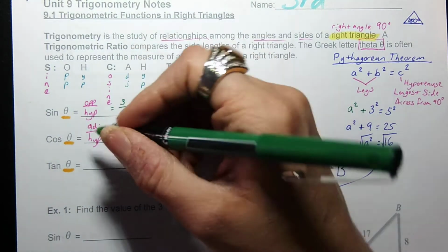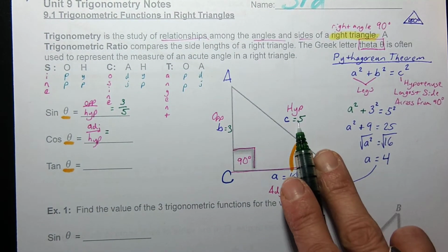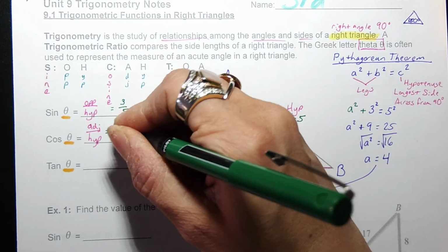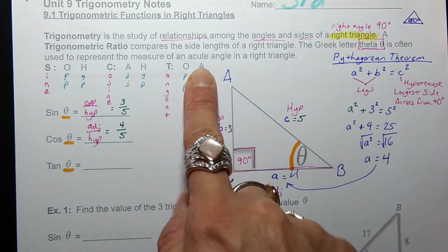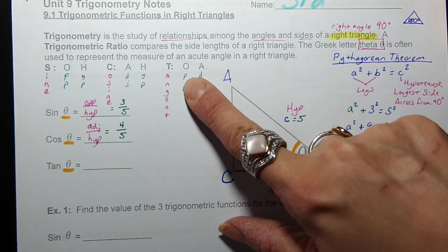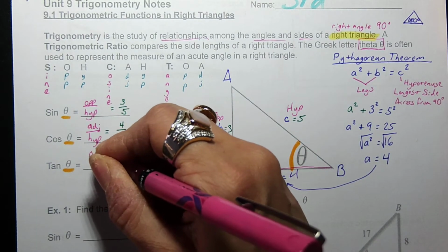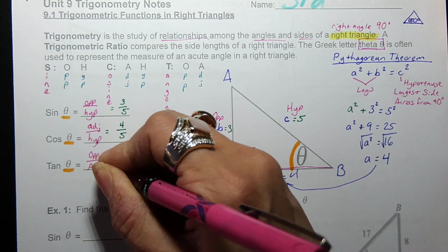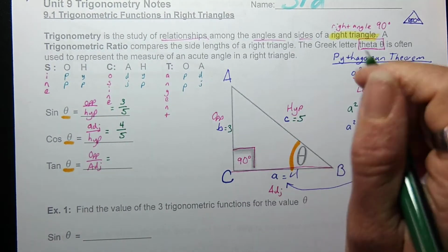And what is the adjacent side to theta? 4, and the hypotenuse side? 5. Then tangent of theta is the TOA part of SOHCAHTOA, or opposite over adjacent. So the opposite side to theta over the adjacent side would be 3 over 4.